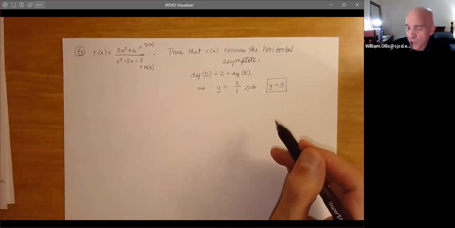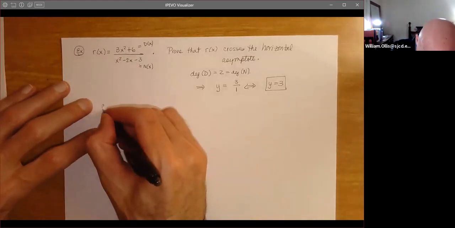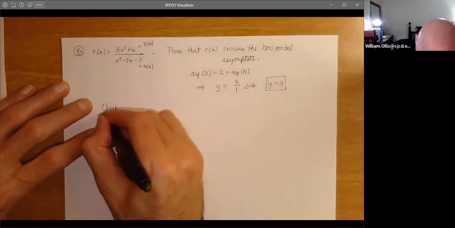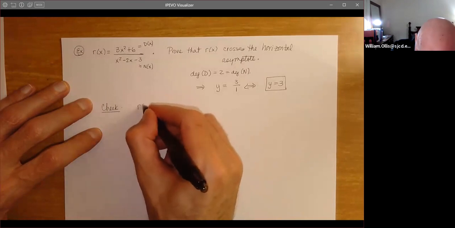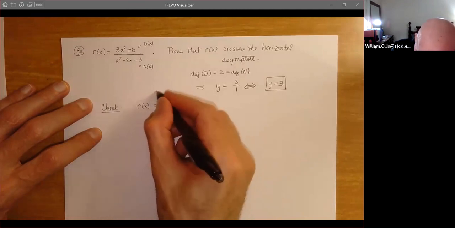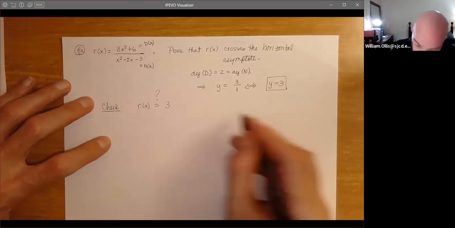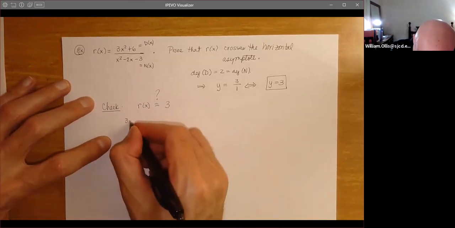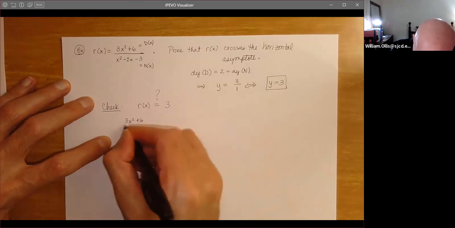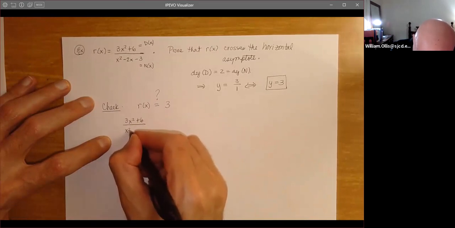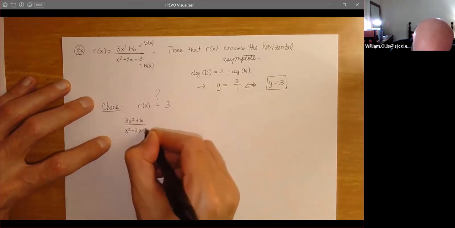Again, that's not a proof. Let's just check. So here's a check. So we say r of x equals 3? Is 3 in the output of r of x? So let's check. We've done some things similar to this before at the beginning of the class, so this should not be odd to you.